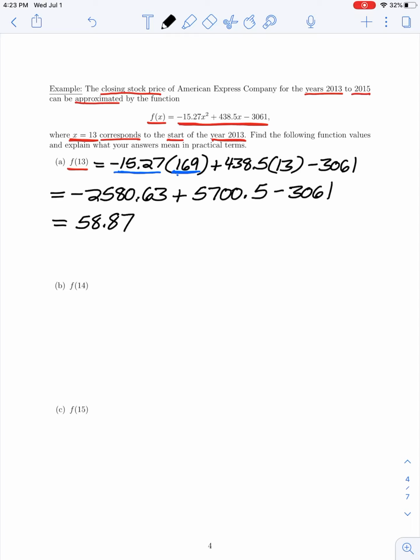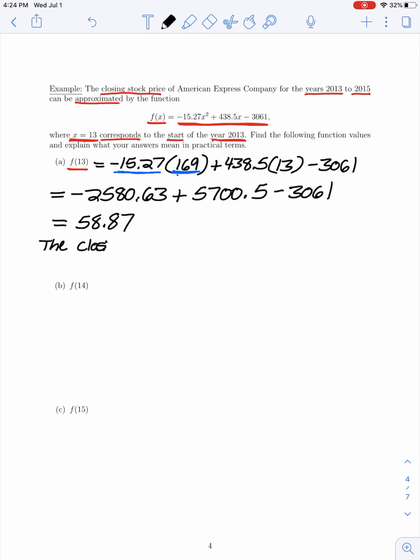So we found the value of our function. Let's think about what this represents in practical terms. So we were told in the problem statement that the value x equals 13 corresponds to the start of the year 2013, and f of x, the function, represents the closing stock price of the American Express Company at that time. So we could say something along the following lines.